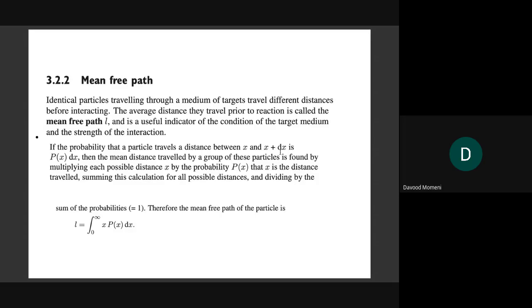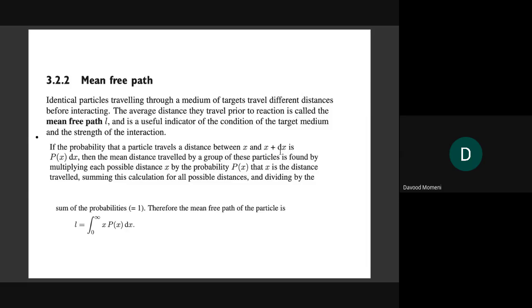What we call the mean free path is the average distance which a particle travels before it undergoes an interaction with another one. Particle A started moving, particle B started moving. Before particle B collides with particle A, it moves at least some distance. So this distance is called the mean free path.